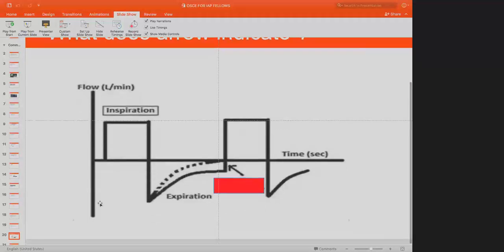And the last one is this diagram, where you have to identify this.